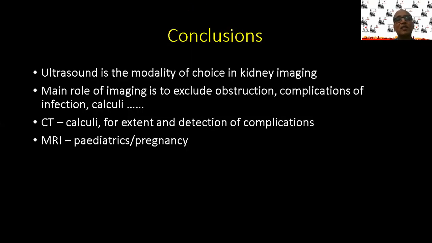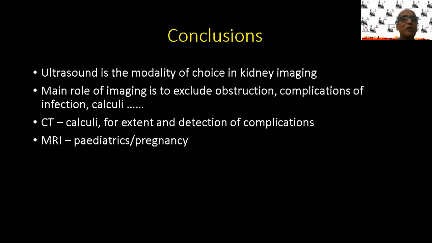So in conclusion, ultrasound is the modality of choice in kidney imaging, given its various advantages. However, the main role of imaging in acute kidney injury or renal conditions would be to exclude obstruction, to look for complications of infection, to look for calculi, and to look for vascular conditions, especially using color Doppler or contrast enhanced CT or MR. CT is predominantly used for detection of calculi, to map the extent of infection, and, more importantly, to detect complications.